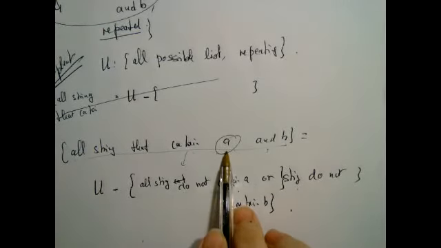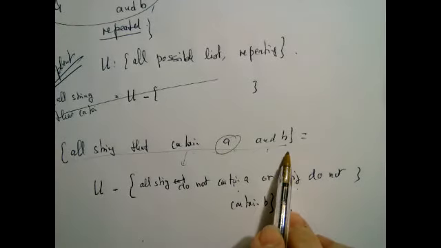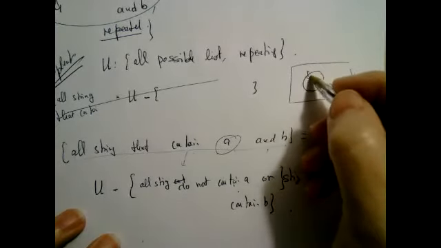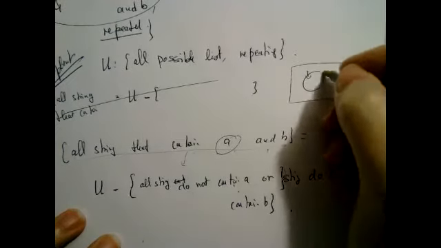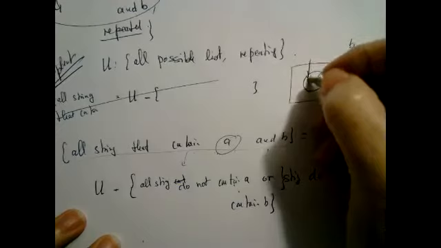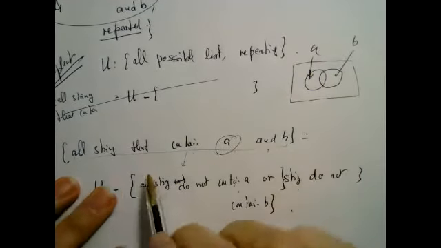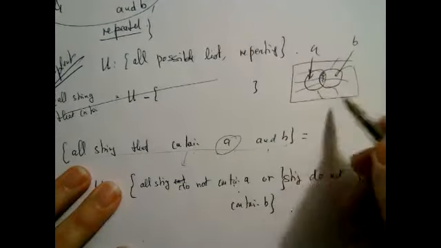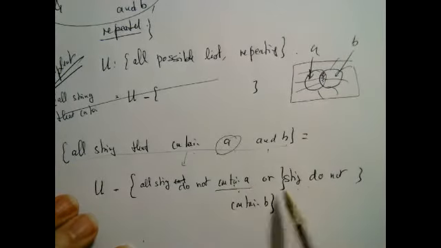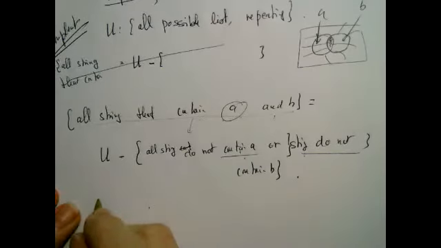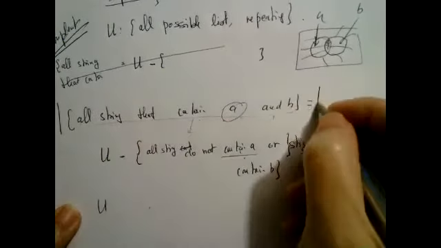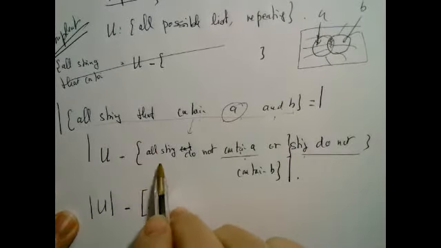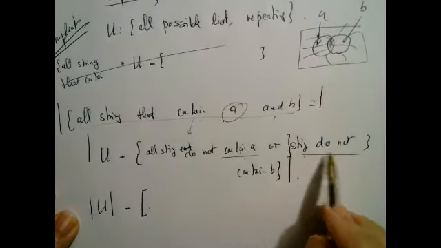It either doesn't have A or it doesn't have B. That's how the complement works, because if you think about it, take those that contain A and those that contain B. If I don't want them, I'm looking at strings that don't contain both, so I avoid this, and everything else either doesn't have A, by De Morgan's law, or does not contain B. So the cardinality is the cardinality of the universe minus the cardinality of the strings that don't contain A or don't contain B.